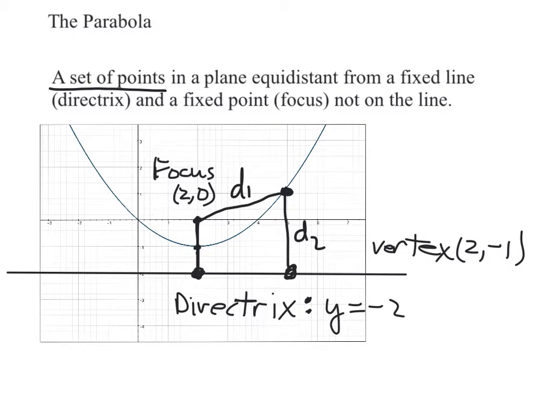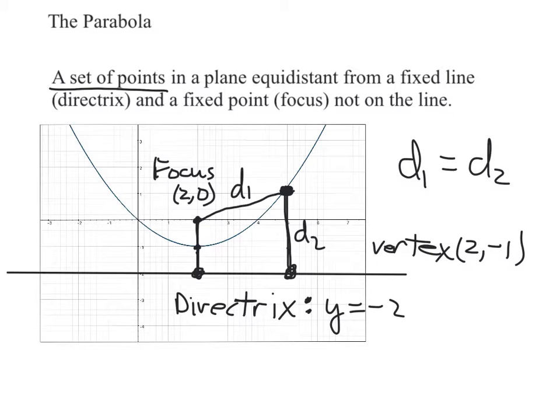So by the definition of the parabola, we create an equation based on the distance between the two points of the focus and the point on the parabola, and then the second distance from that same point on the parabola straight down to the directrix.